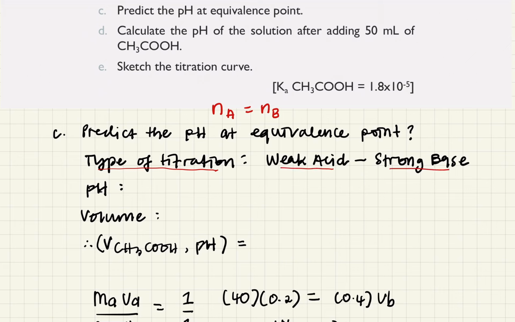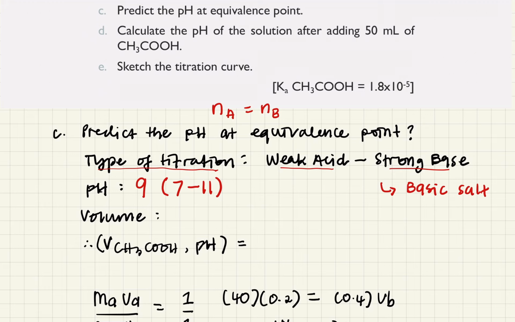That means you will form a basic salt solution. If you form a basic salt solution, your pH will be above 7. So your pH will be about 9, because your pH jump will be 7 to 11. Remember? Refer back to that table if you don't remember.